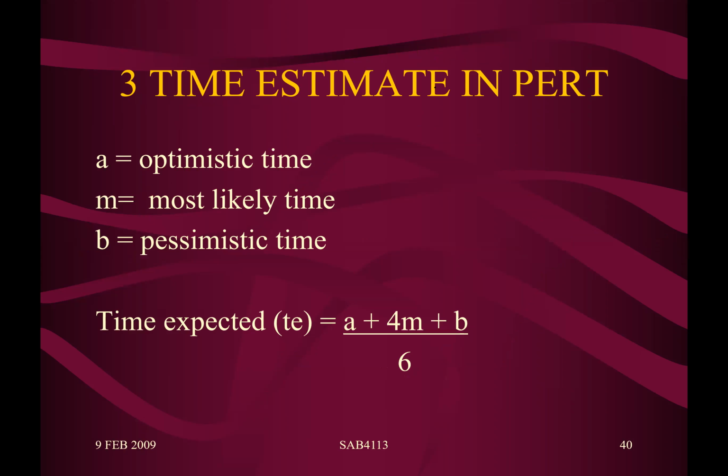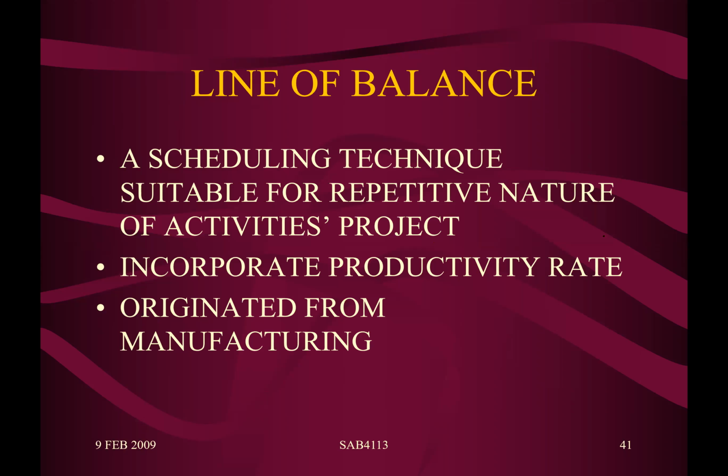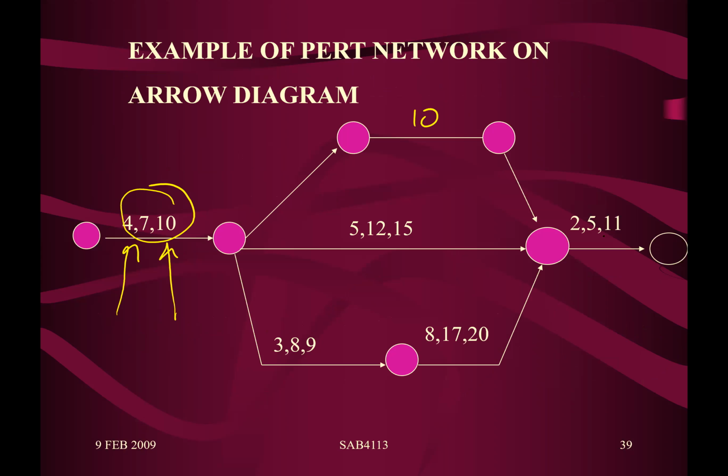How to calculate this? Even to calculate this, they use a formula: the optimistic value A plus 4 times the most likely value m plus the pessimistic value B, divided by 6. Meaning you are going to get some kind of value with decimal points. It is not a whole number anyway. So that is the only difference. In terms of calculation, it follows the AOA diagram, except that there are 3 durations given, not only one.